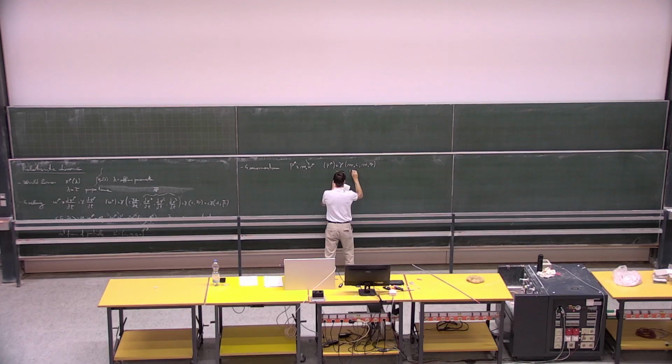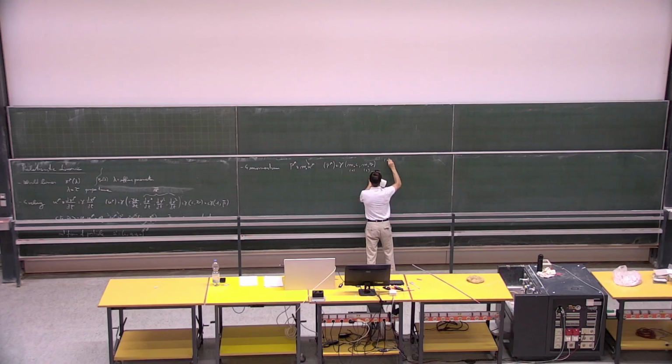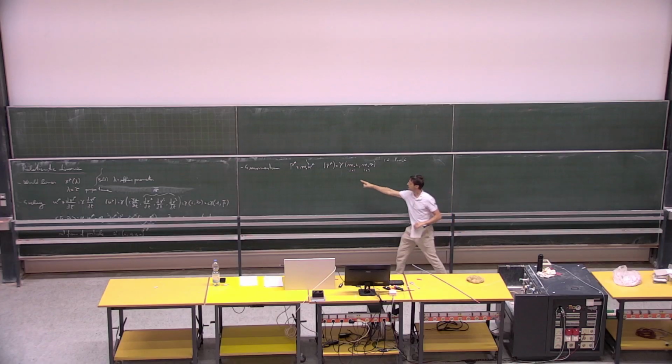So let's look now at the components. Component 1, and then the 3 components that I summarize with these. What are they? Well, we have gamma m0 c. That's this one. Let's now make the gamma factor explicit.